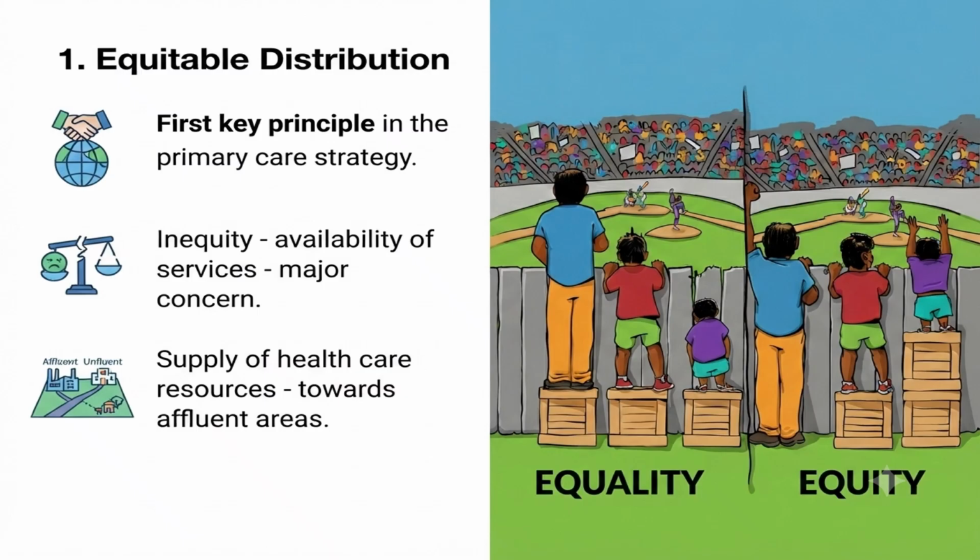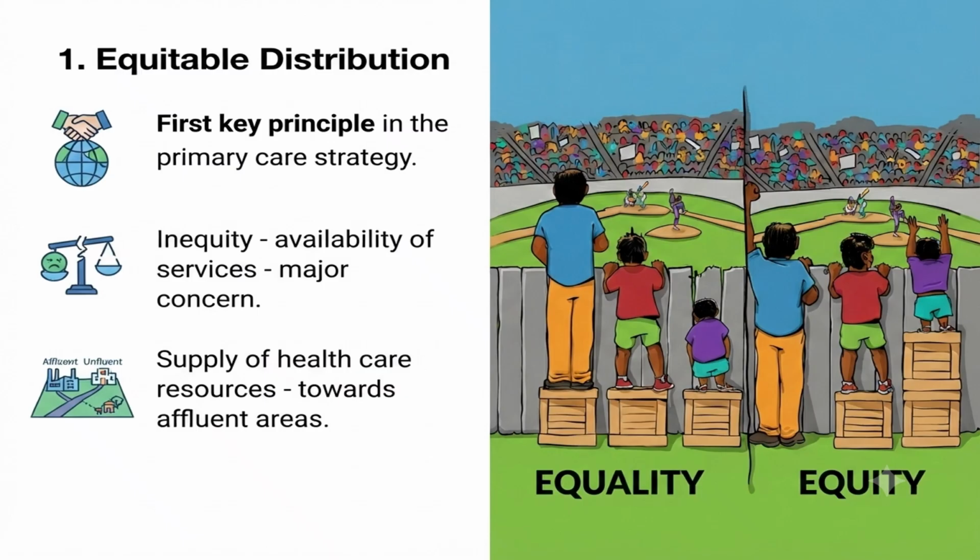And to deal with that inequity in healthcare services provision, we brought the concept of primary healthcare, and it worked on the equitable distribution principle. That means provision of healthcare services, establishment of hospitals, especially in the rural areas where the people need more.